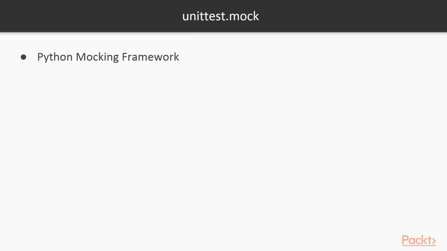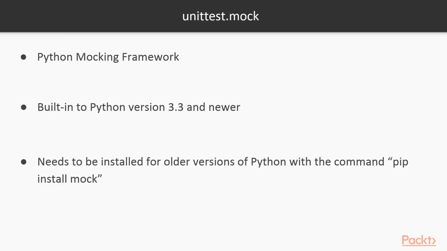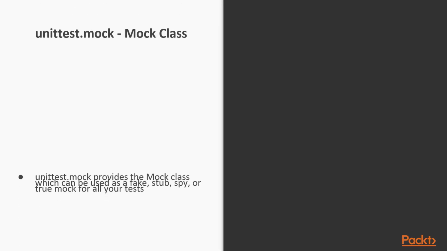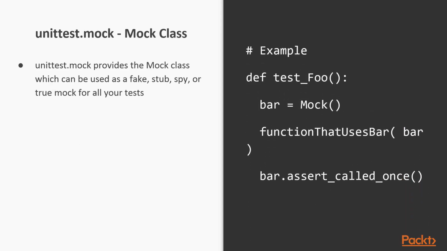Unittest.mock is a mocking framework for Python. It's built into the standard unit test library for Python version 3.3 and newer. For older versions of Python, a backported version of the library is available on PyPI called mock and can be installed with the command pip install mock. Unittest.mock provides the Mock class, which is an extremely powerful class that can be used to create test objects that can be used as fakes, stubs, spies, or true mocks for other classes or functions.